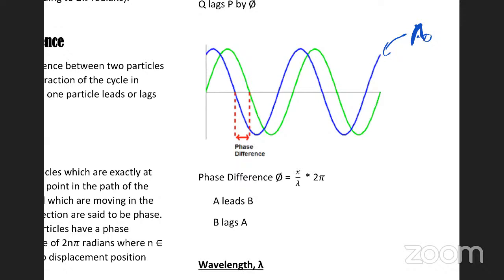The green or the blue? Hey, Nikash, tell me which one you think. We know A is leading, but which one is A, blue or green? Green, blue, green, blue. Okay, at least you're guessing. Right.